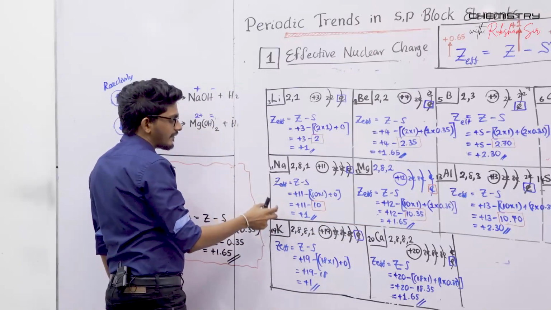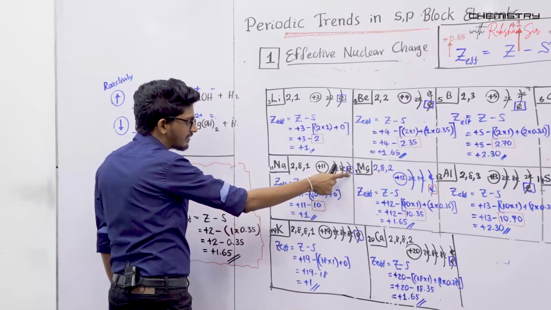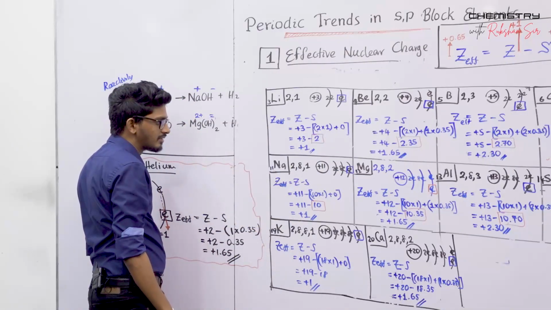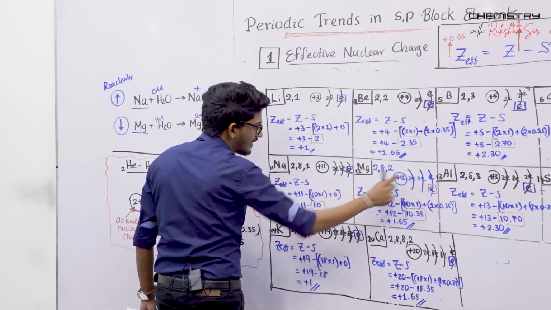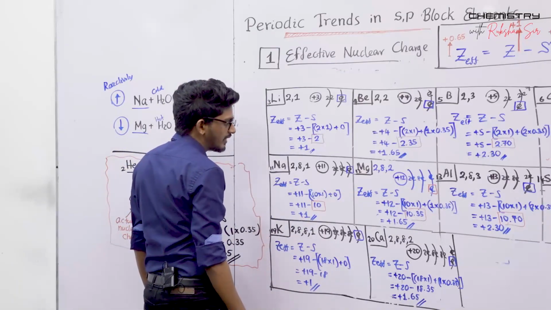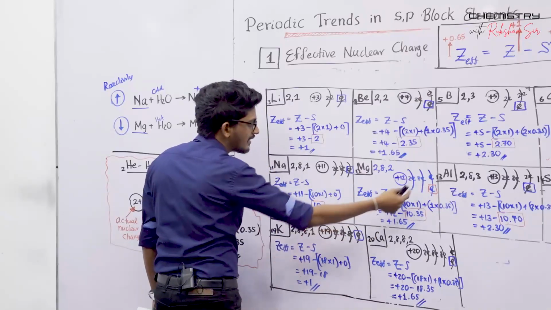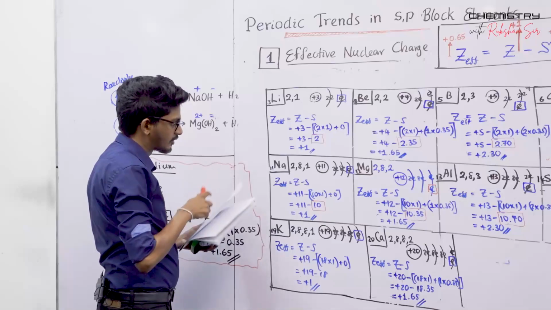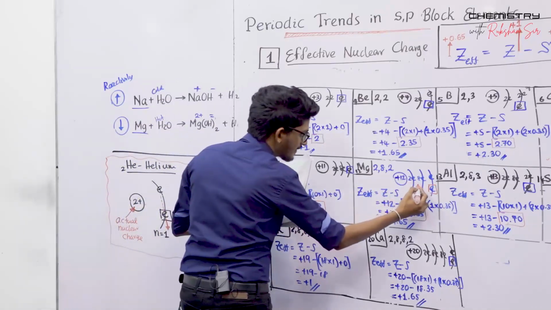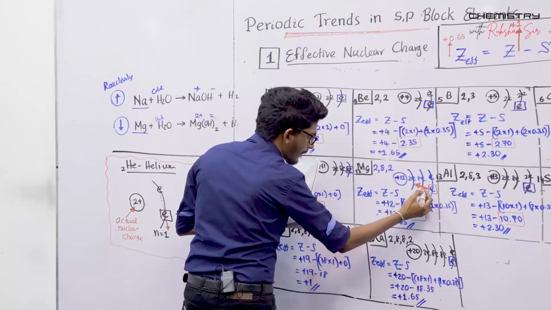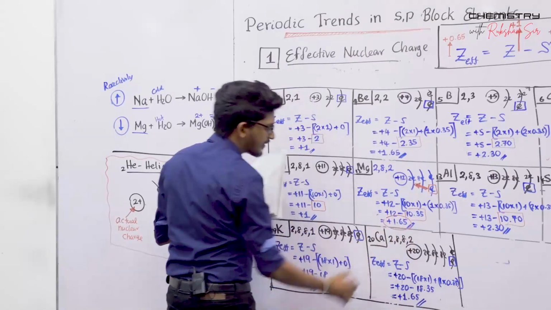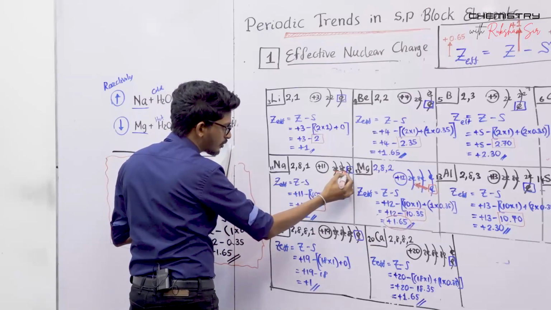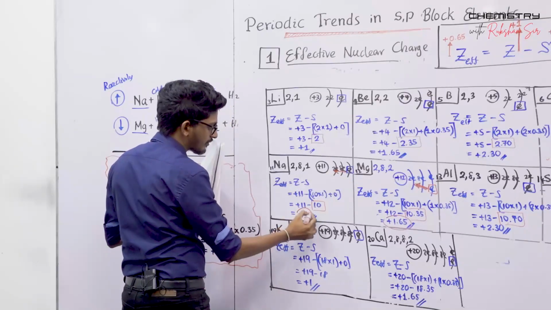So this means the valence electron in magnesium is greatly attracted to the nucleus by 1.65 units, compared to this electron's attraction to the nucleus, which is plus 1.